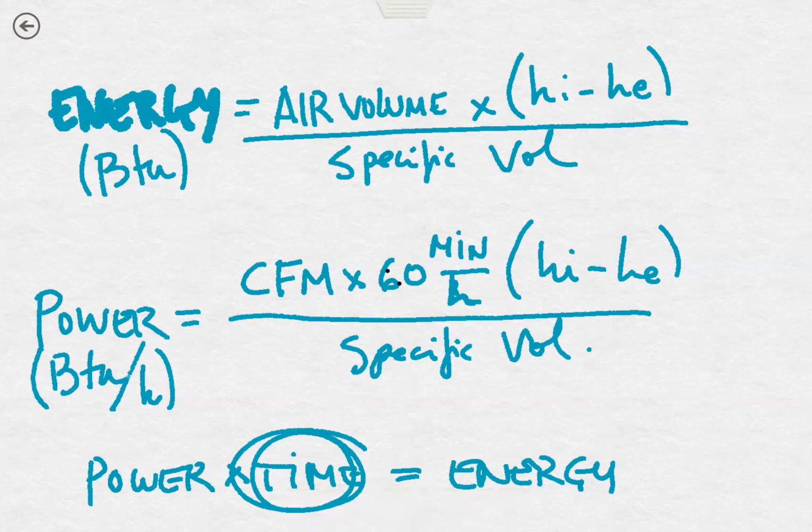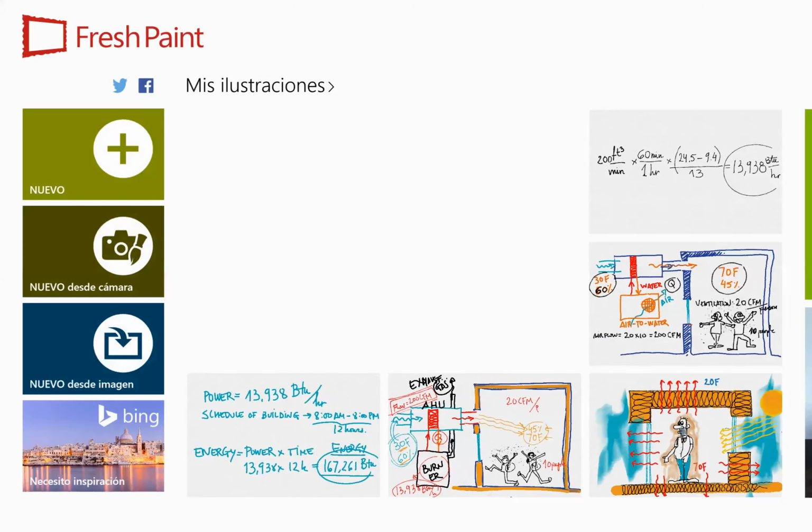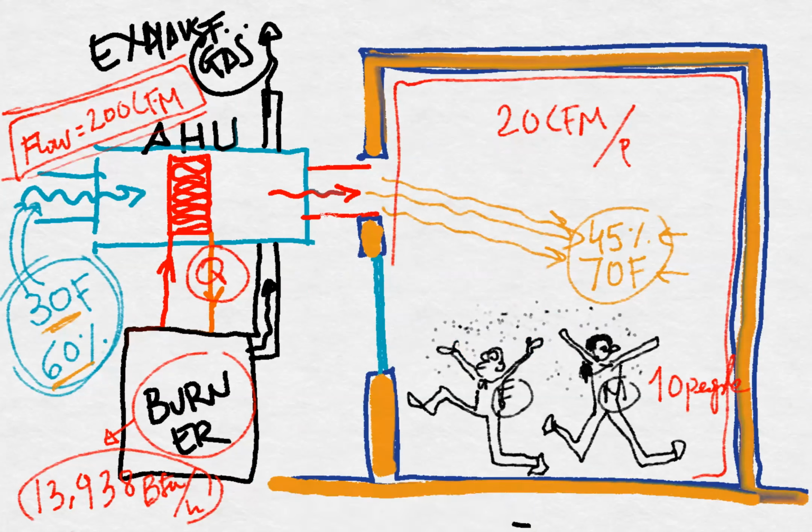What do we have to do? First, we have to understand the problem. There's a room, and there are people. People are sweating, releasing water.